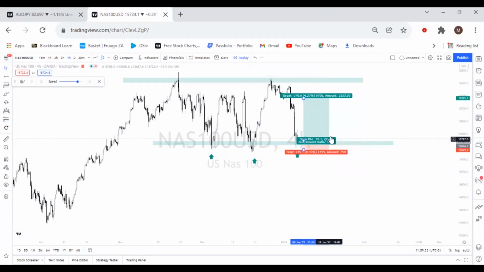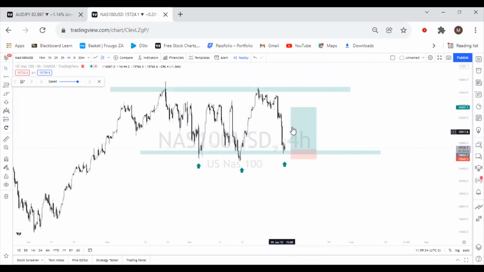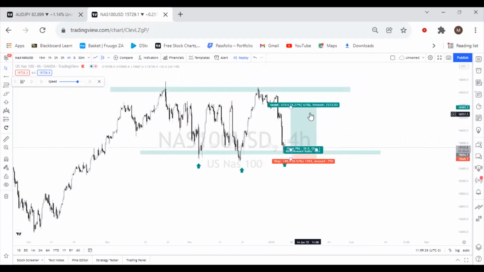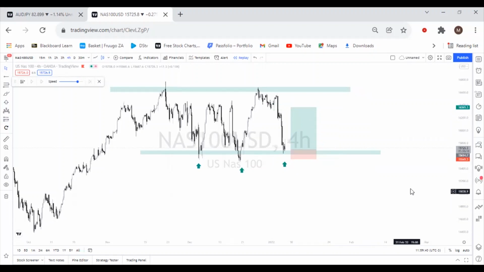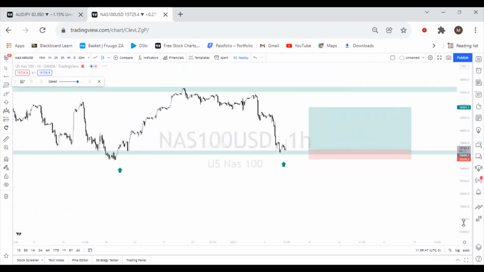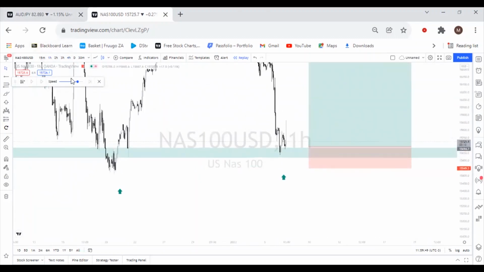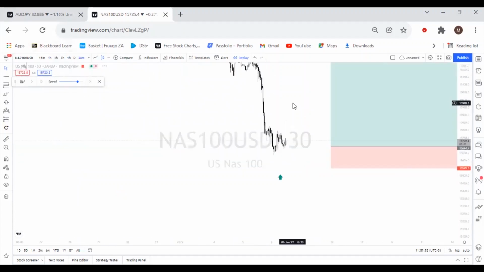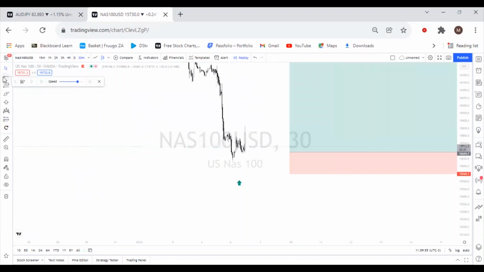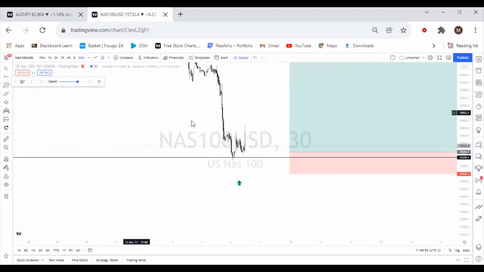Remember, there's the 4-hour time frame, and with Nasdaq, this small movement is enough for a huge payout as long as you leverage your account properly. So we need to go down to maybe 30 minutes. I just want to see what could be happening. Let me just draw that.